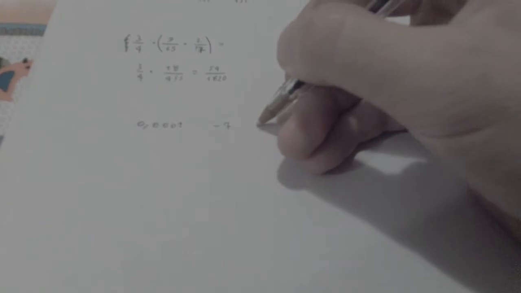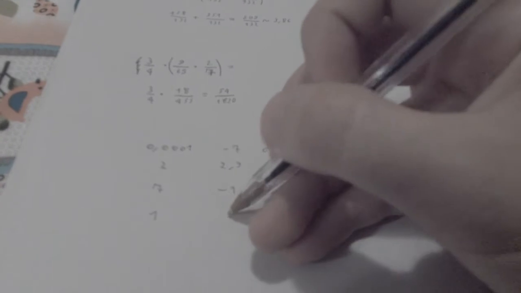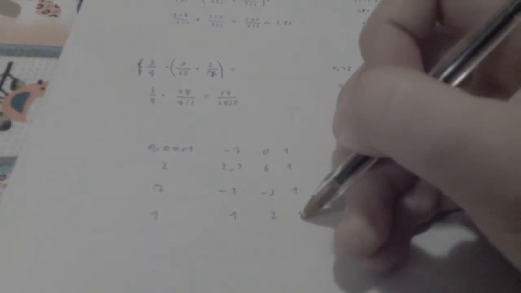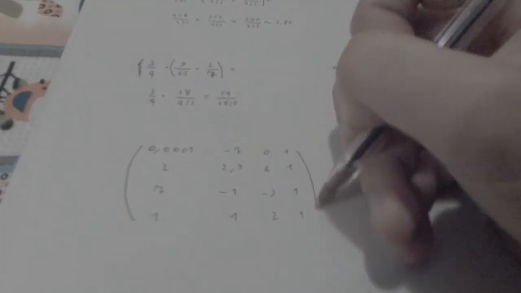Let's start with our matrix: 0.0001, then negative 7, 0, 1, then 2, 2.9, 6, 1, then 7, negative 1, negative 3, 1. And then you have, I don't know, another row: 1, 1, 2, 1.